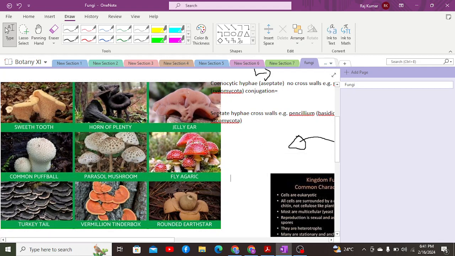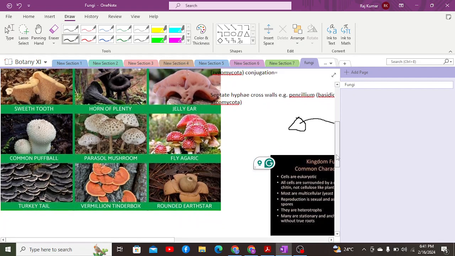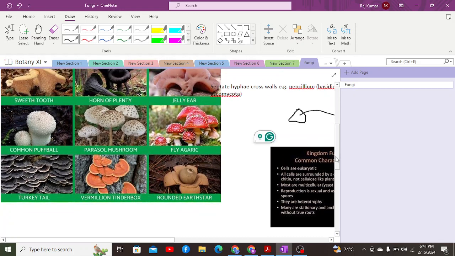Moreover, there are some other examples as well, such as common mushrooms, puffballs and morels.